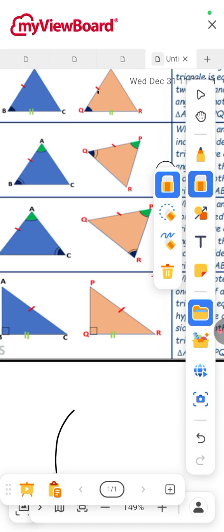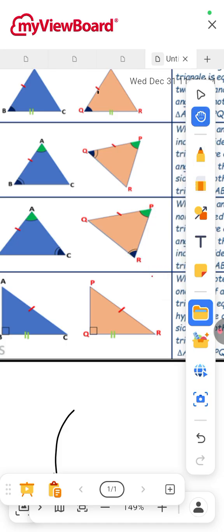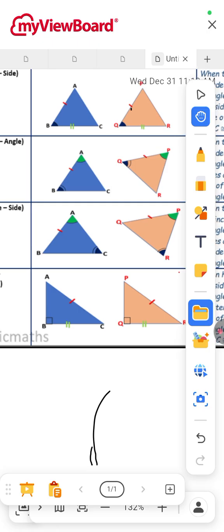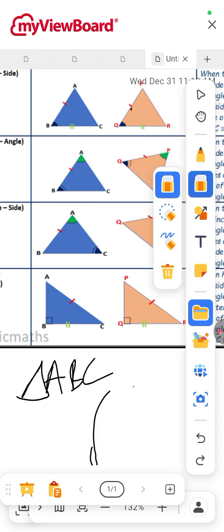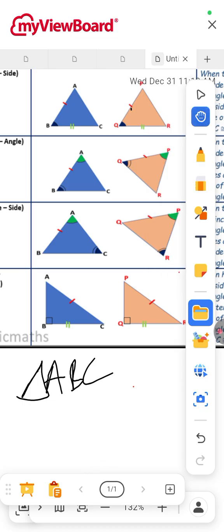Okay, let me try to explain that now. Let's say I name this triangle ABC. Now I have to study my direction here.